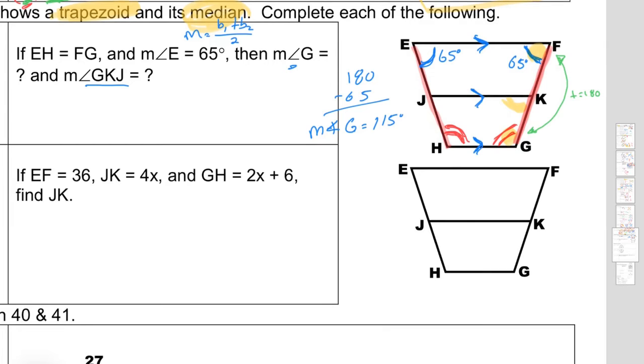And so because all three of these lines are parallel, then the angle here is corresponding to this angle here. Now remember, for parallel lines, angles that are corresponding are going to be congruent. So here, the measurement of angle GKJ is also going to be 65 degrees.